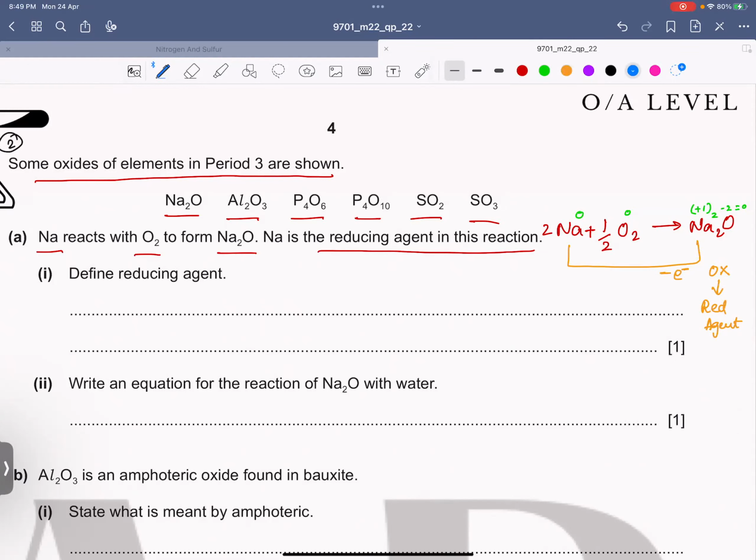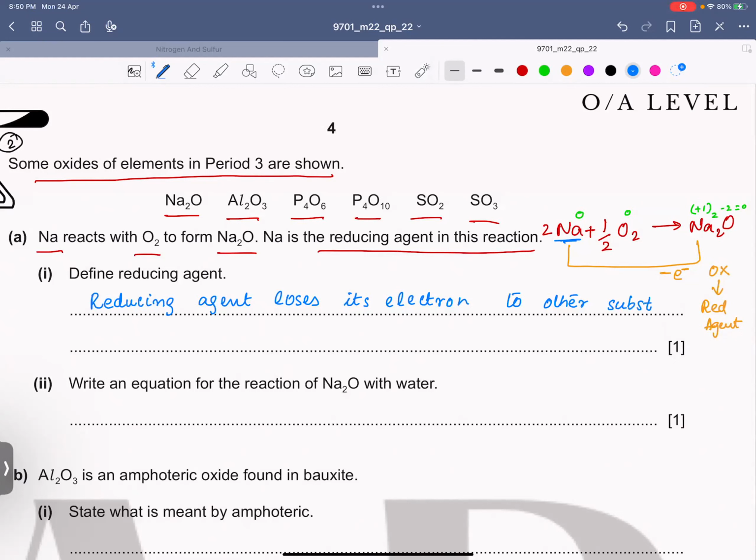So we can write: Sir, is Na itself being reduced or oxidized? Na itself is undergoing oxidation. That's why it is a reducing agent. Oh okay sir, understood. Reducing agent loses its electron. Sir, can we write increase in oxidation state?